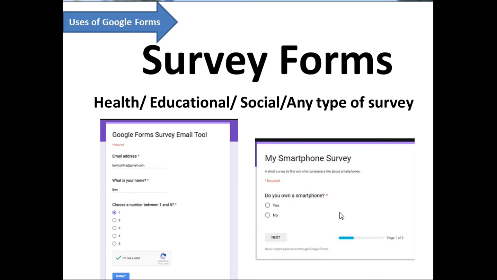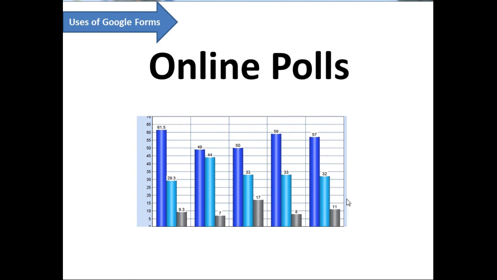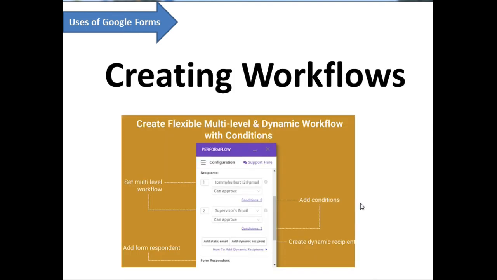You can do a survey for different topics for your research. You can create survey forms for health survey, educational survey, social survey, or any type of survey as per your requirement. You can create online polls with the help of Google Forms.